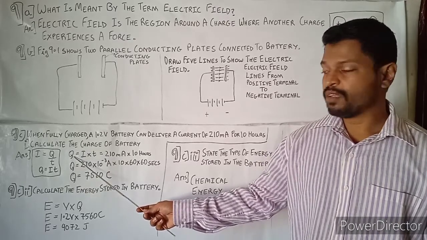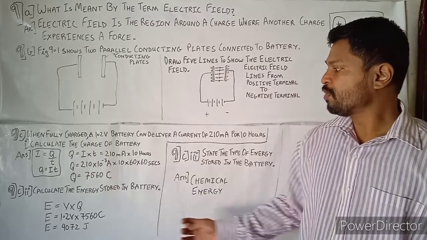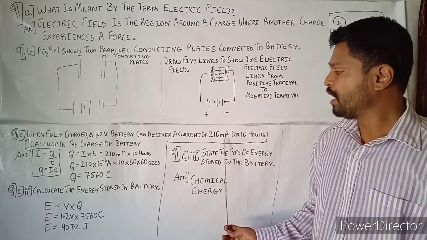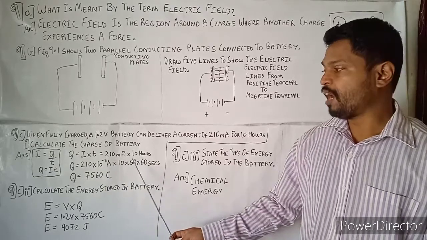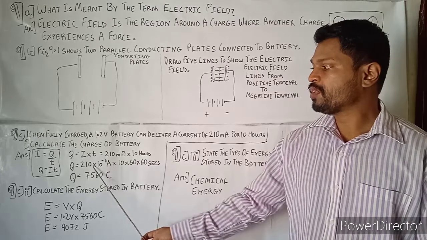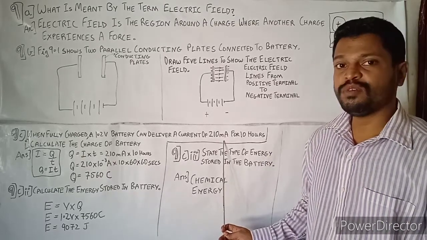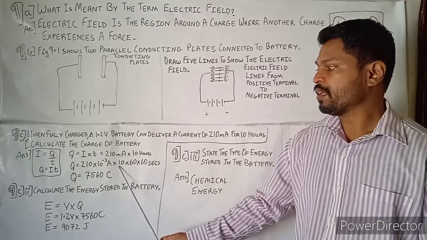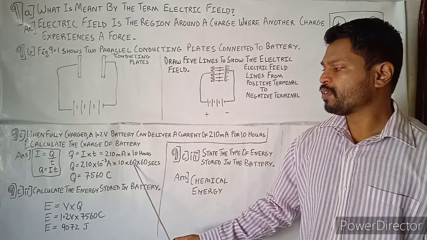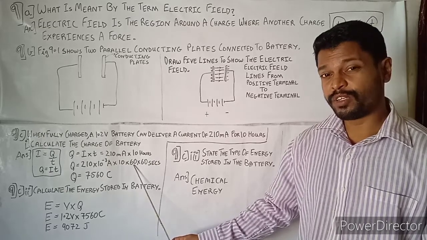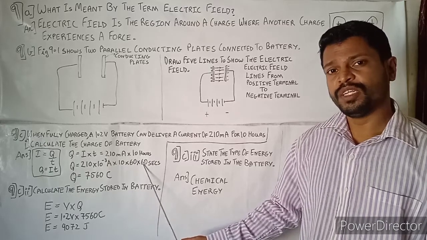So in the formula we will be substituting the values we know. I is equal to 210 milliamperes, and the time is in hours. So 210 into 10 raised to minus 3, milli means 10 raised to minus 3, amperes into 10 hours. So 10, if it is multiplied by 60, it will get converted into minutes, and again multiplied by 60, it will get converted into seconds.